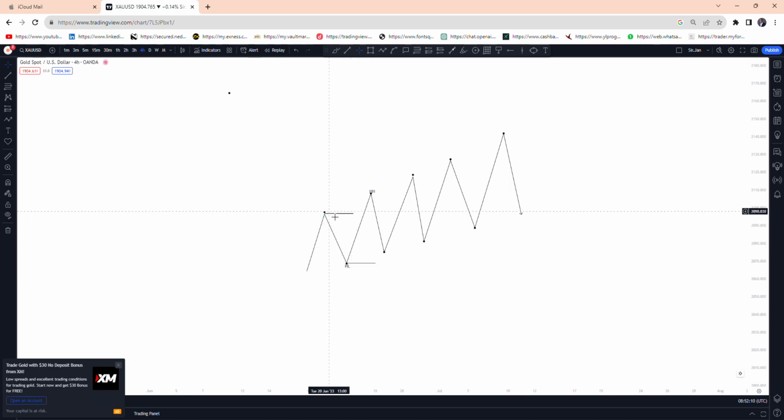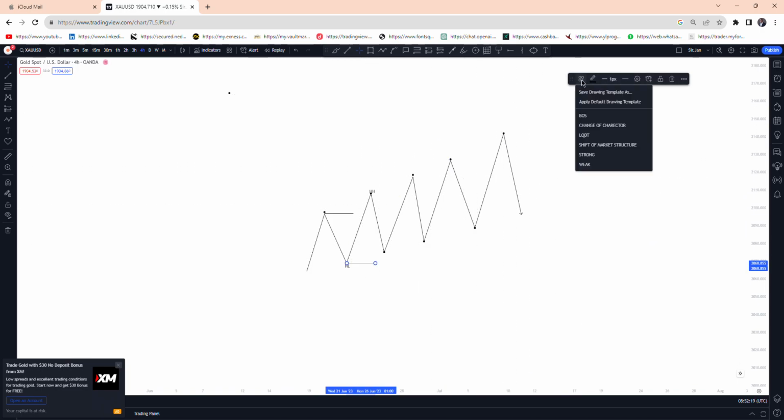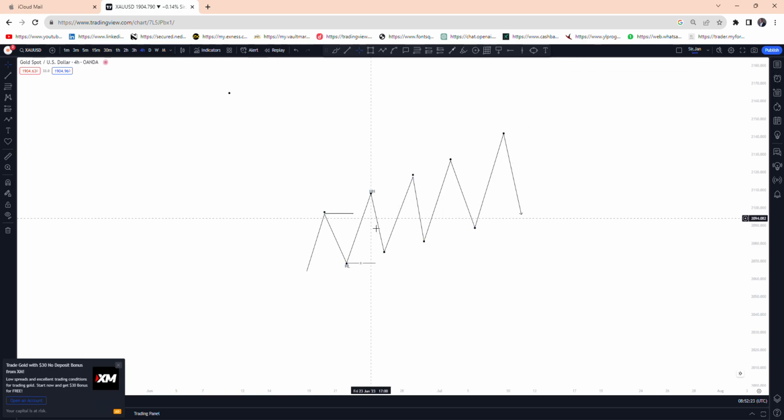This is where you're trading now. This becomes your strong low, and this becomes your weak high.